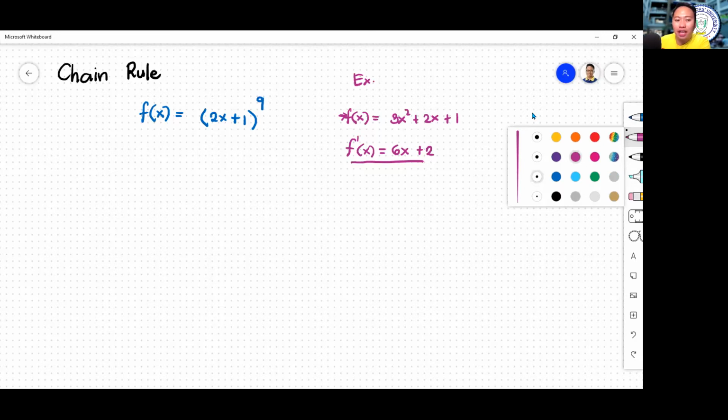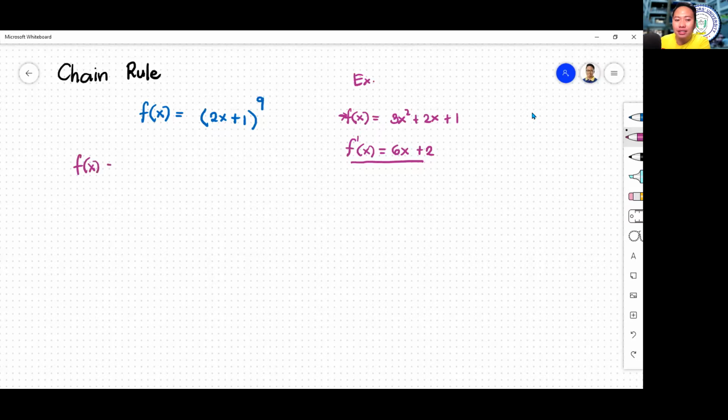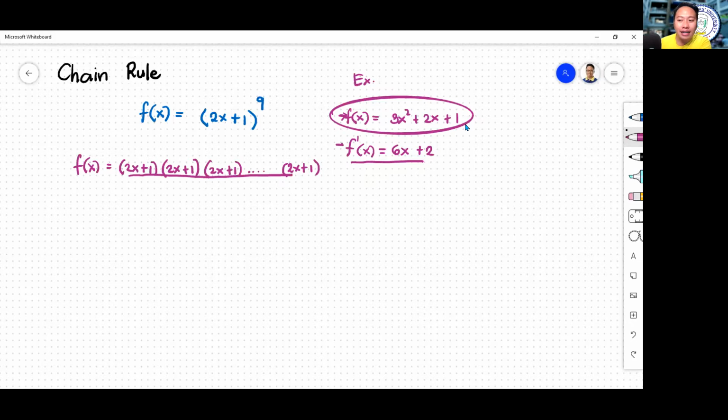Something like 2x plus 1 times 2x plus 1 times 2x plus 1, until the ninth 2x plus 1. That's a good question if you're asking that, guys. However, we are not going to do this because that's going to take a whole lot of time and it's not effective when it comes to examinations or quizzes.